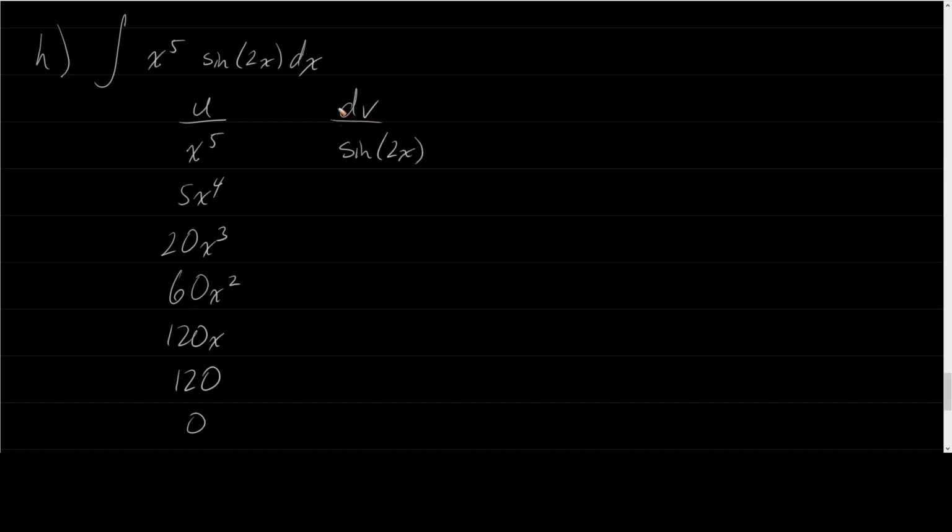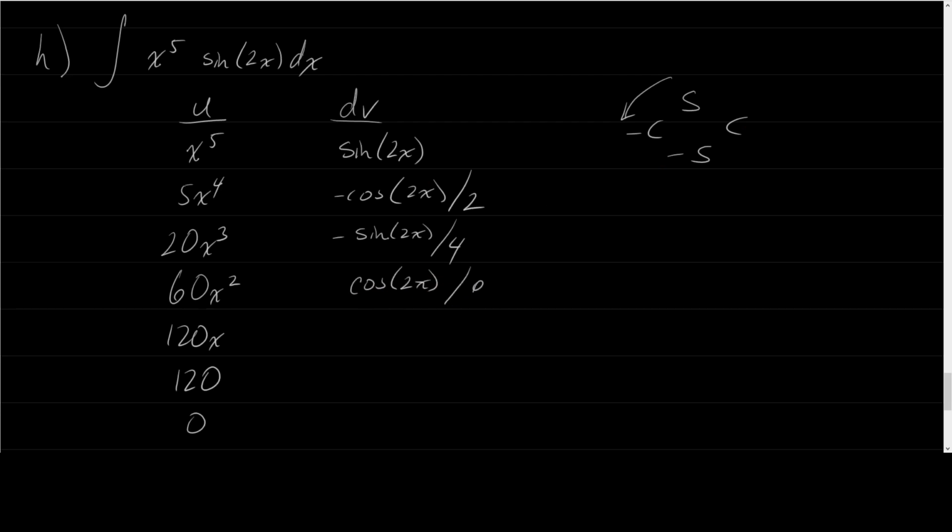Over here, we're just taking integrals. The integral of sine of 2x is negative cosine of 2x over 2. Let's keep this little chart handy. The integral of negative cosine is negative sine, so negative sine of 2x, but now over 4. That's from the u substitution that you will be doing. The integral of negative sine is cosine, so I end up with cosine of 2x over 8.